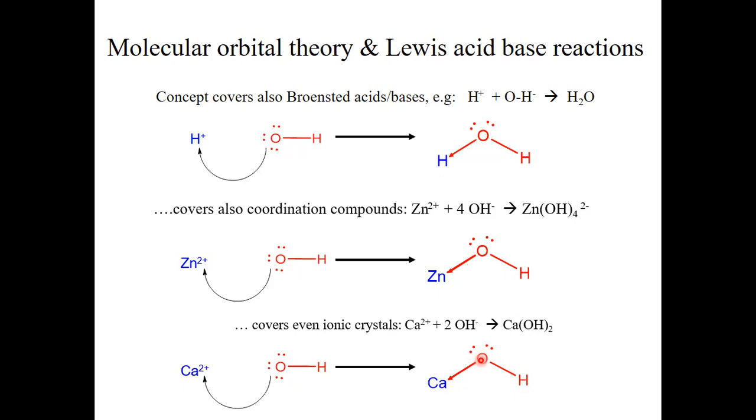But we have discussed previously that a 100% ionic bonding is actually never possible because of finite electronegativity differences, because of finite energy difference between orbitals.